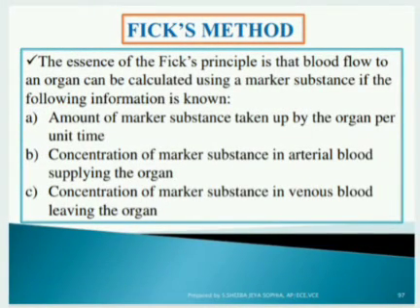Cardiac output measurement using Fick's method finds the amount of marker substance taken by the organ per unit time, the concentration of the marker substance in arterial blood supplying the organ, and the concentration of marker substance in venous blood leaving the organ. So based on the variations in the marker substance which is artificially injected for finding the cardiac output.